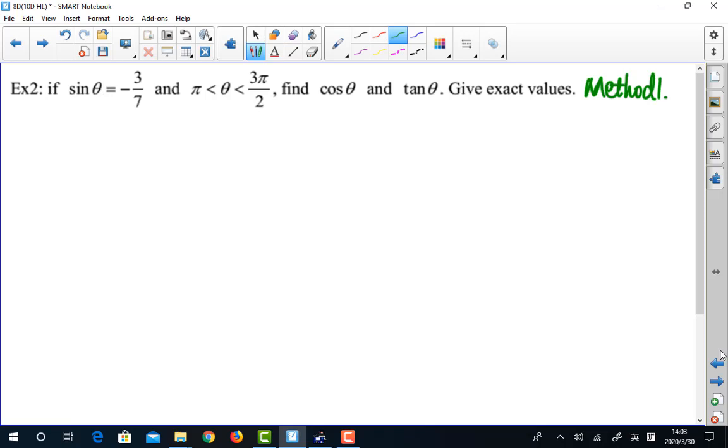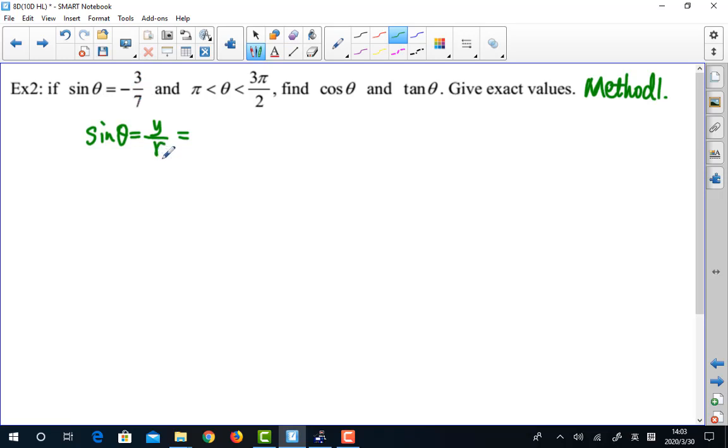Let's look at example 2. You are given sine theta, which is negative 3/7, and we know sine theta equals y over r. Right now, it equals negative 3 over 7. Should I have the negative sign in the numerator or denominator?